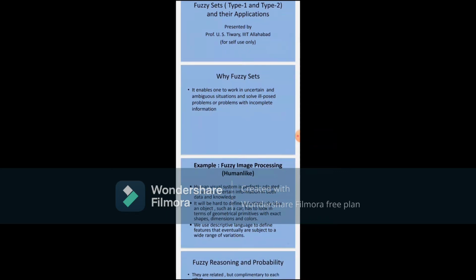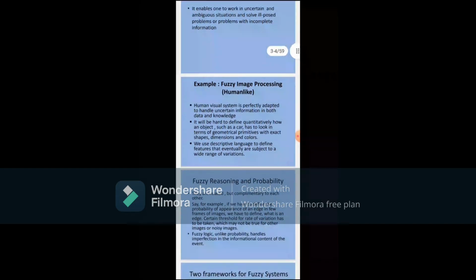Why fuzzy sets? It enables one to work in uncertain and ambiguous situations and solve ill-posed problems or problems with incomplete information. Example: fuzzy image processing. Human-like: the human visual system is perfectly adapted to handle uncertain information in both data and knowledge.